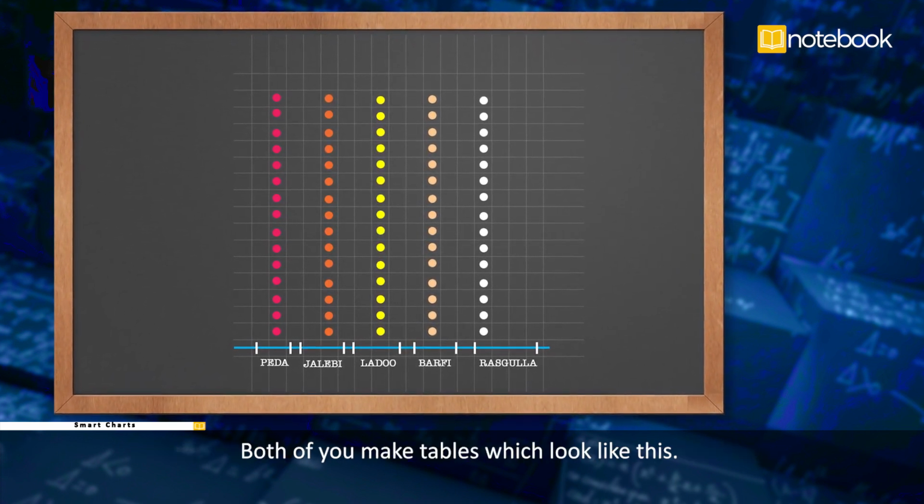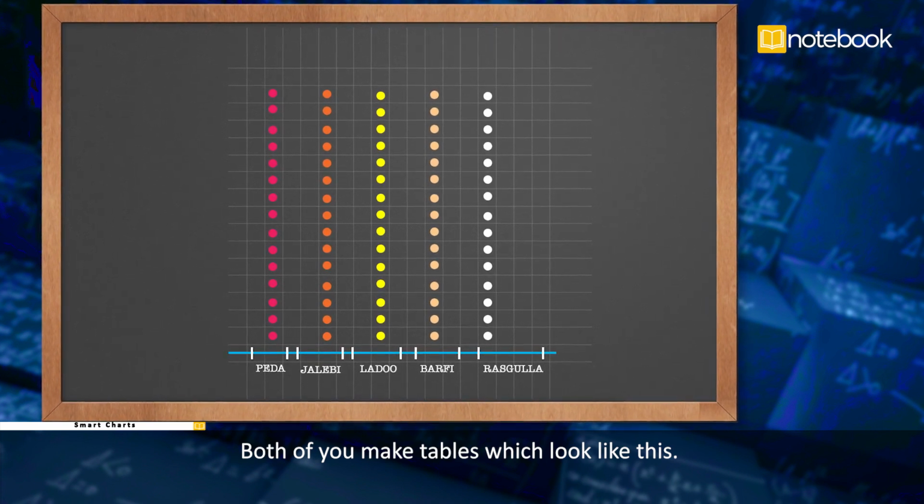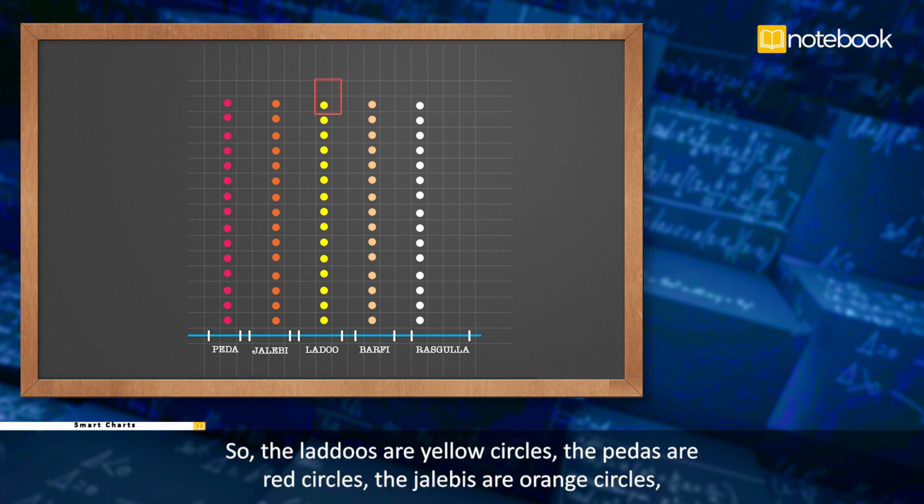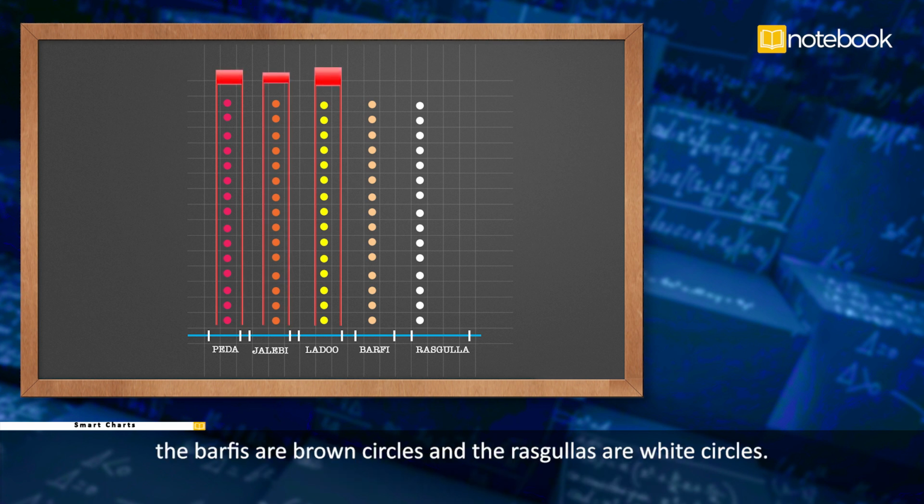Both of you make tables which look like this. A colored circle represents each sweet. So, the laddus are yellow circles. The pedas are red circles. The jalebis are orange circles. The barfis are brown circles. And the rasgullas are white circles.